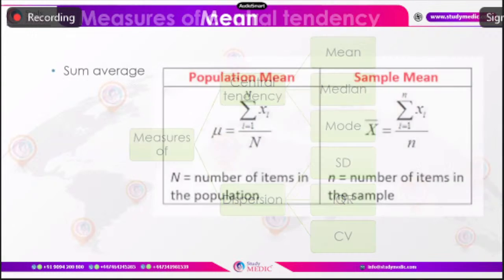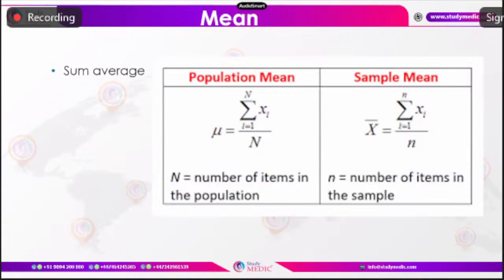Now we will see what is mean. So mean is nothing but the average. That is, we add all the data and divide it by the total number of data. The mean can be for the sample, that is called the sample mean, whereas the mean can be from the population from which the sample is drawn.